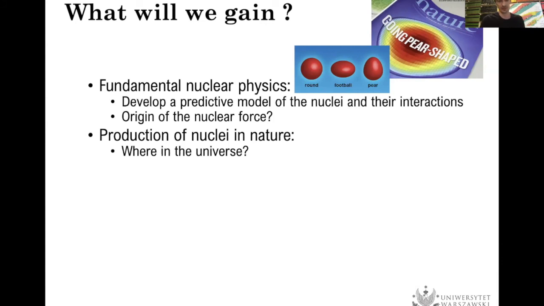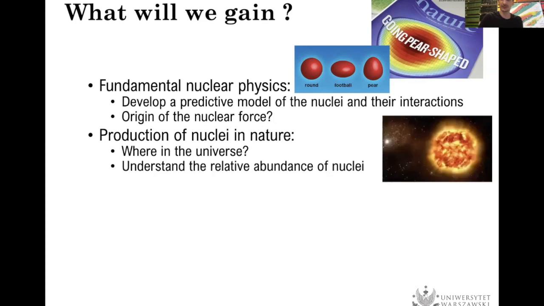We know that some light nuclei are produced in stars such as the sun, through fusion reactions, with hydrogen fusing with hydrogen until reaching carbon, magnesium, and so on. But this kind of reaction is very influenced by the structure of the nuclei.